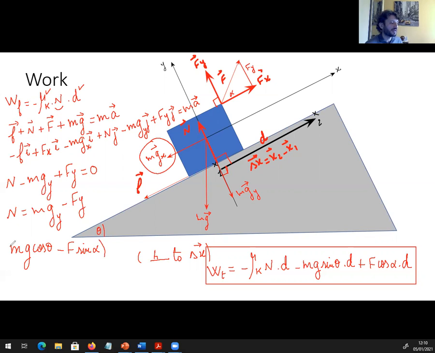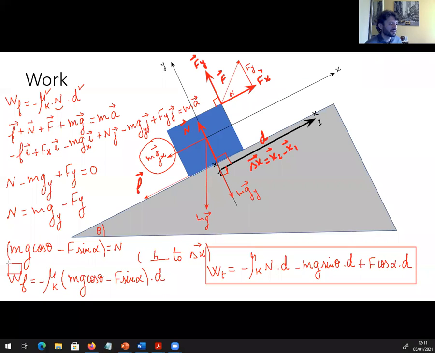This is the value of n. So omega f equals minus mu kinetic times n, which is mg cosine theta minus f sine alpha, this n value, times d. When we do some application, you can understand well with a numerical value. You can calculate all these parameters.